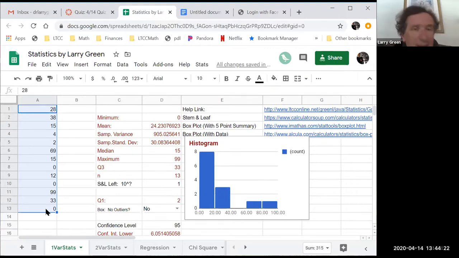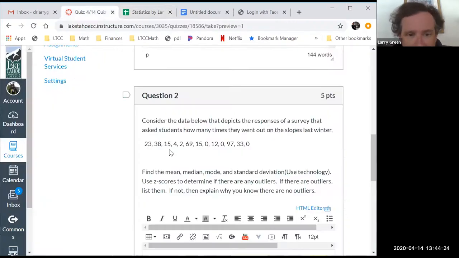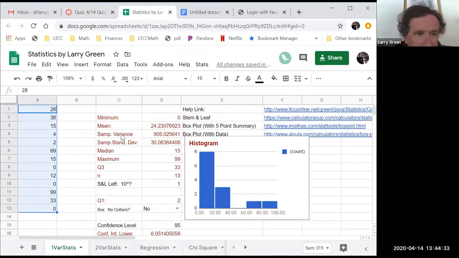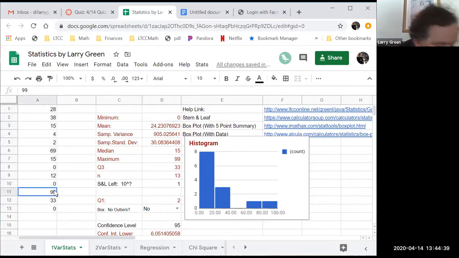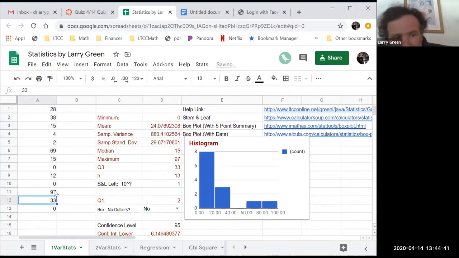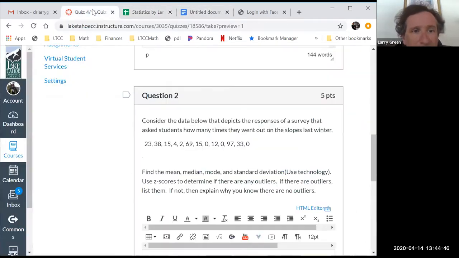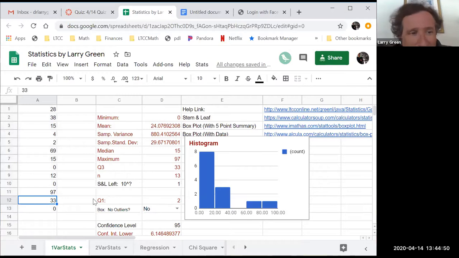Okay, and then I asked you for a bunch of stuff. Let me remind you: mean, median, mode, standard deviation. And we want to look at possible outliers. So the mean. It should be 97, not 99. Yeah, it was 97. Sorry about that. I'm trying to go really fast.